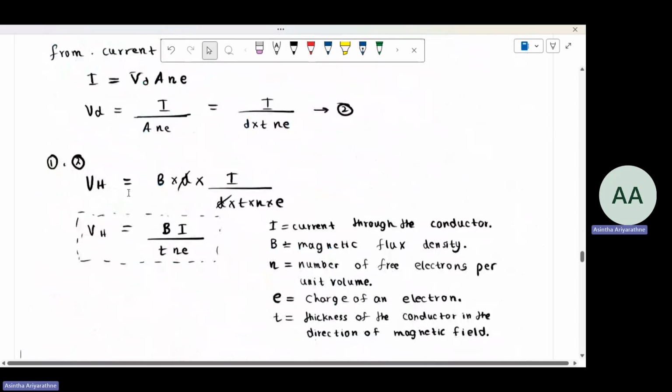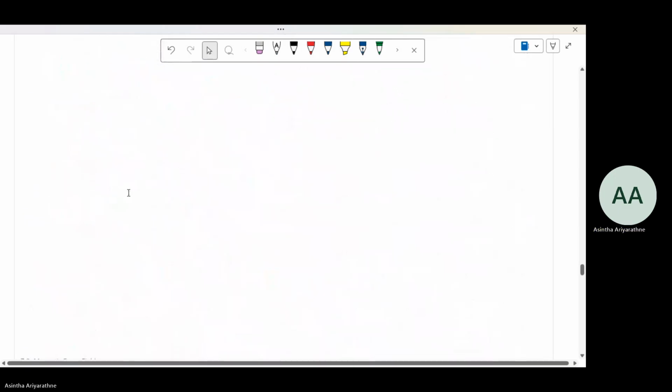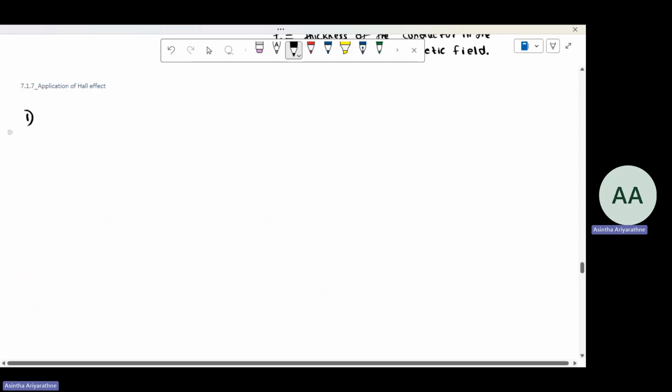Right, so some applications of the Hall effect. The Hall effect can be used to check whether a semiconductor is N-type or P-type. There are two types of semiconductor, which you learn in electronics.